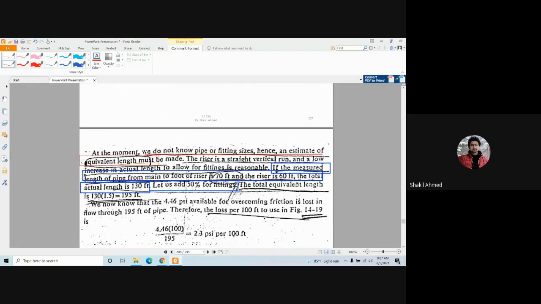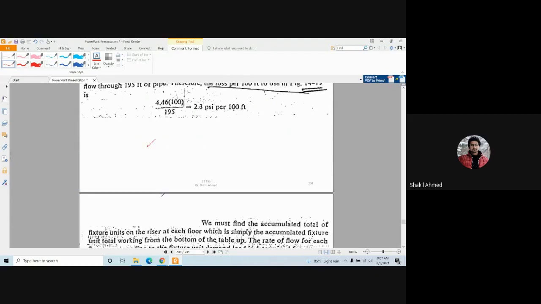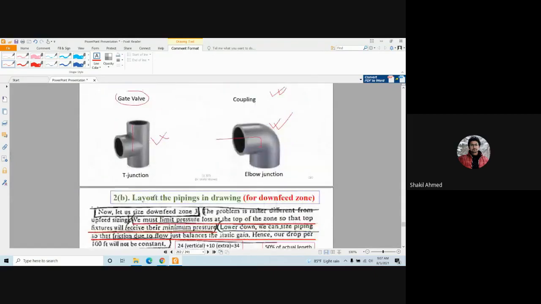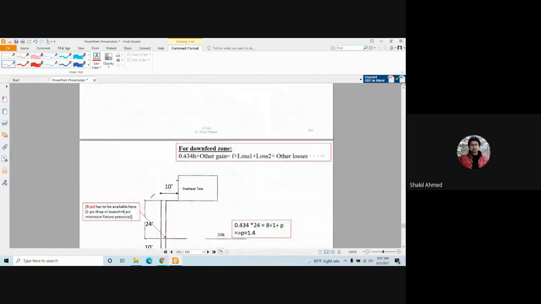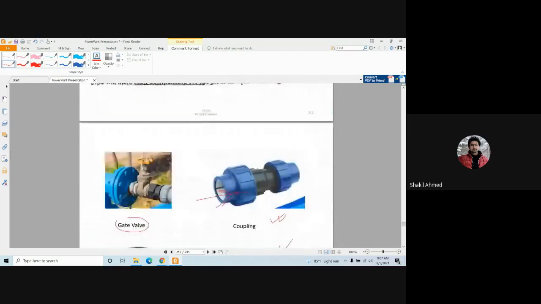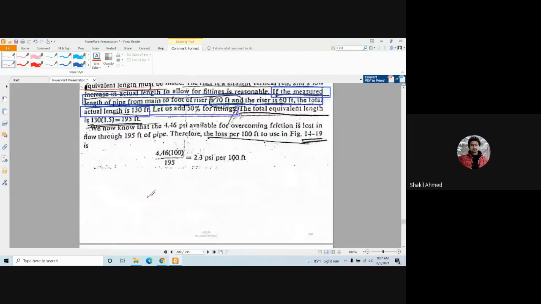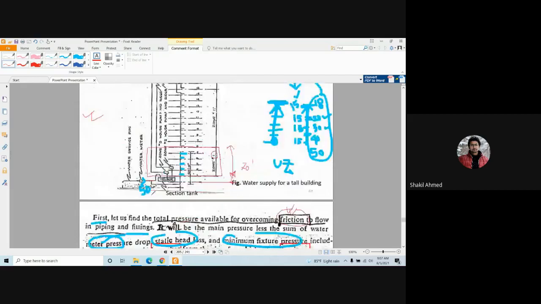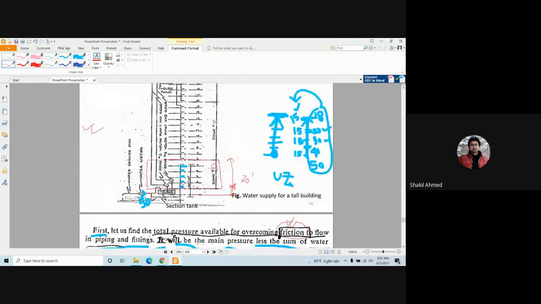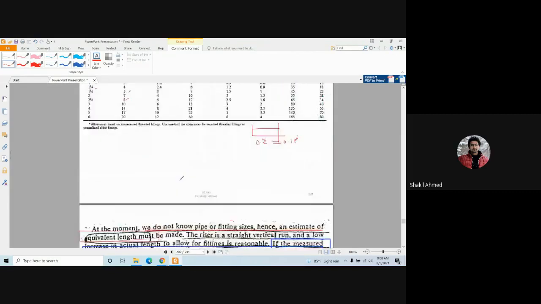The riser is a straight vertical run. That means this pipe is the riser. Okay, we can denote it as a riser.